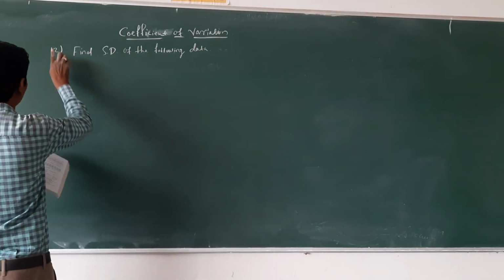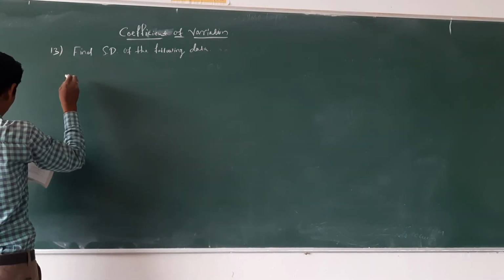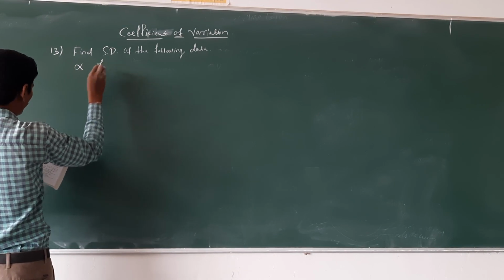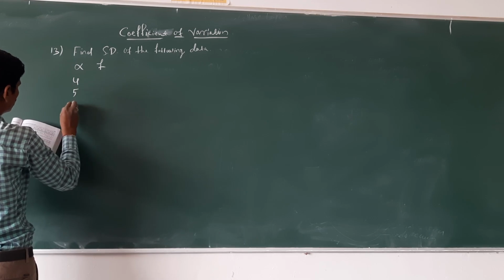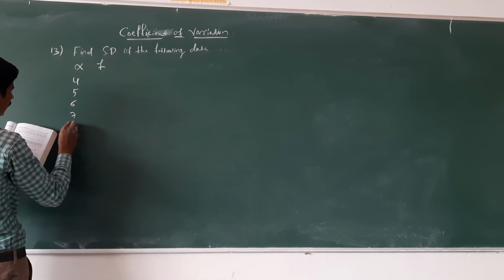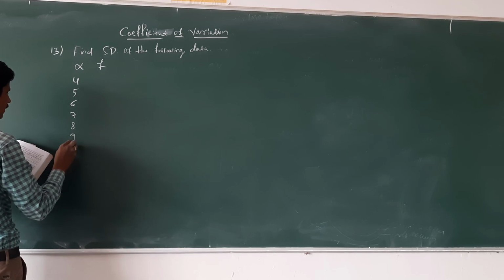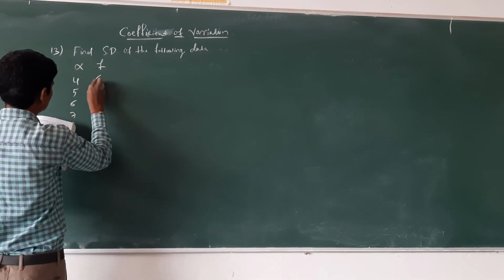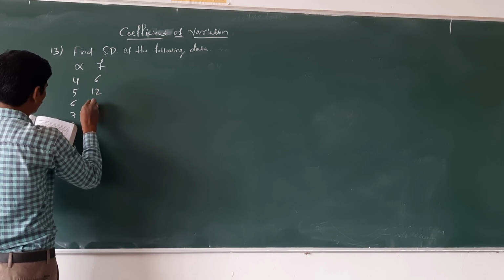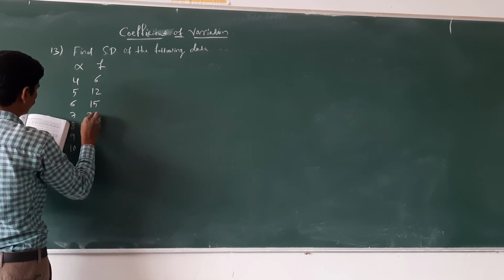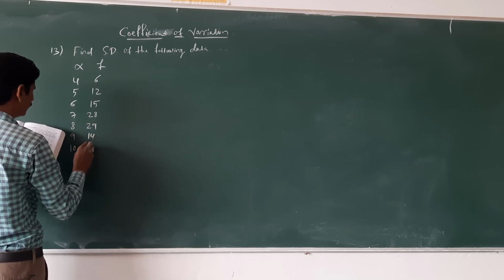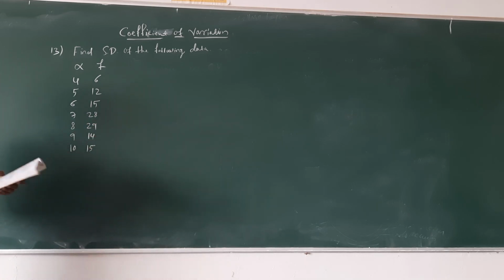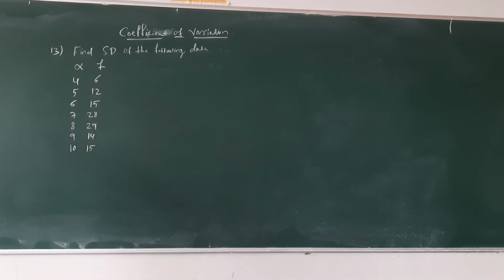Here, 13th problem, they are given x values with respect to frequencies: x is 4, 5, 6, 7, 8, 9 and 10, and f is 6, 12, 15, 28, 29, 14 and 15. Find the standard deviation of the following data.